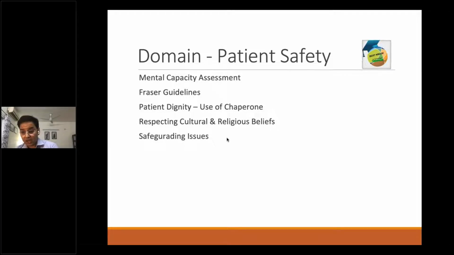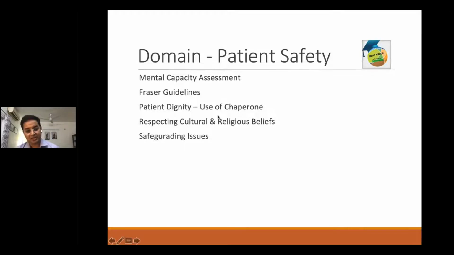Patient safety also includes respect for patient dignity at all times. So whenever you're asking for an intimate examination, you must ensure use of a chaperone. And whenever you're doing some kind of examination, you should ask for permission.